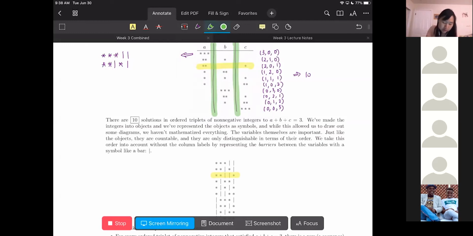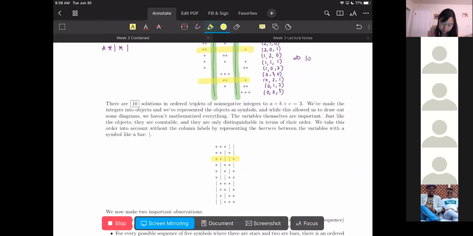We're turning these solutions into a sequence of stars that represent the ones that we're summing and bars that represent the variables. So does everyone see how each of these solutions maps to one of these sequences? For example, here's another one. This would map to star, bar, star, star, bar, star.